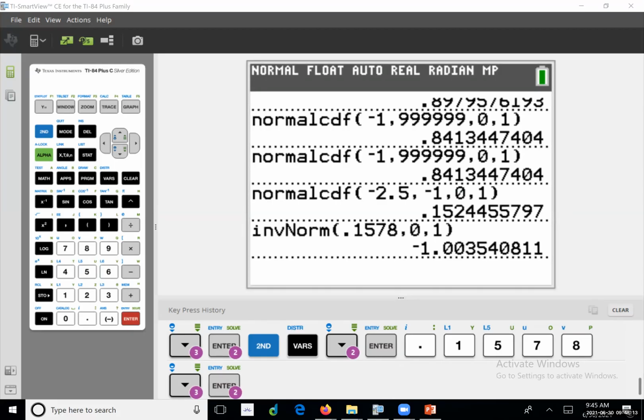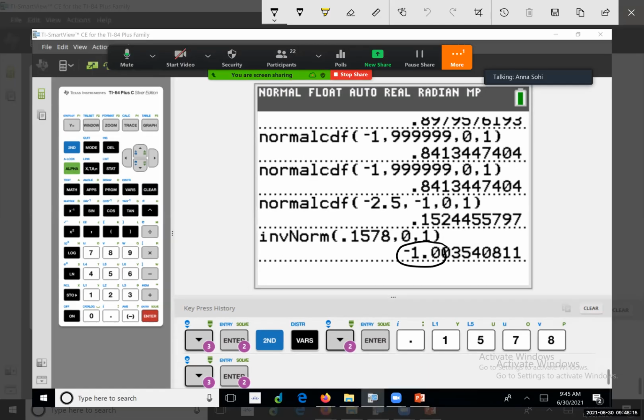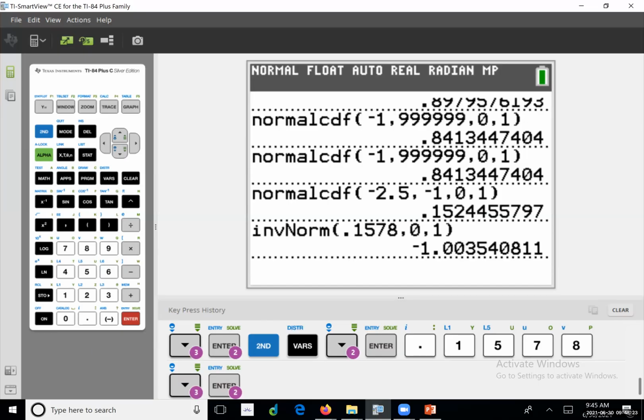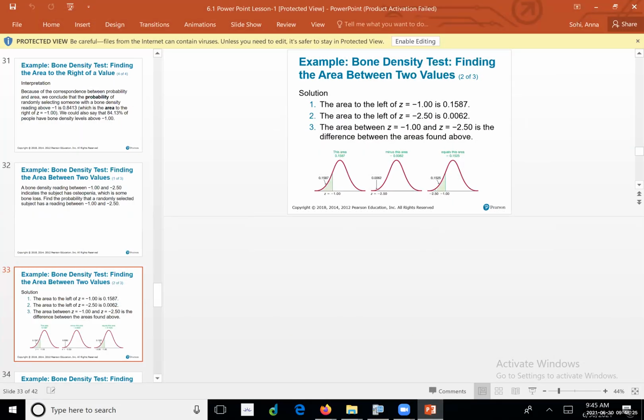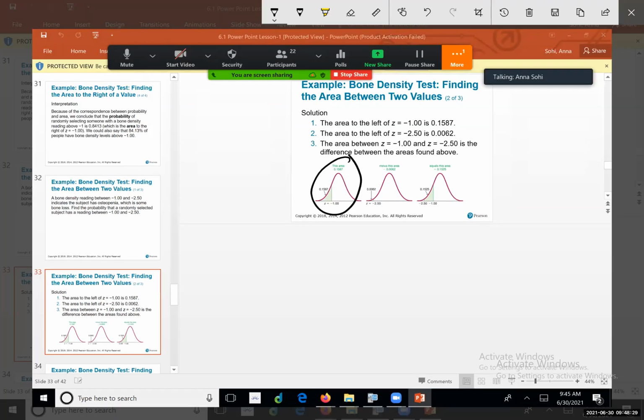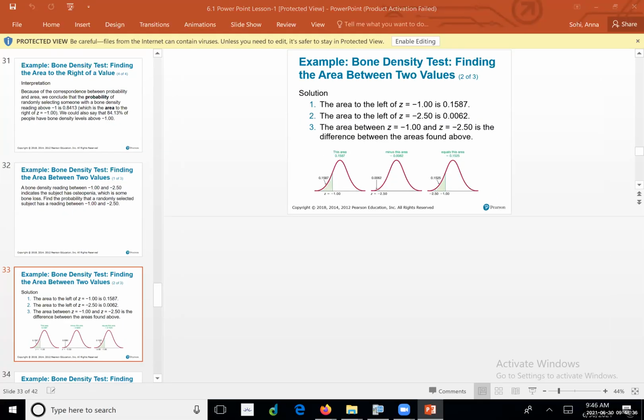Now you find a z-score or x value depending on what we have. Associated with this probability was -1. We practice more of that in the next section.